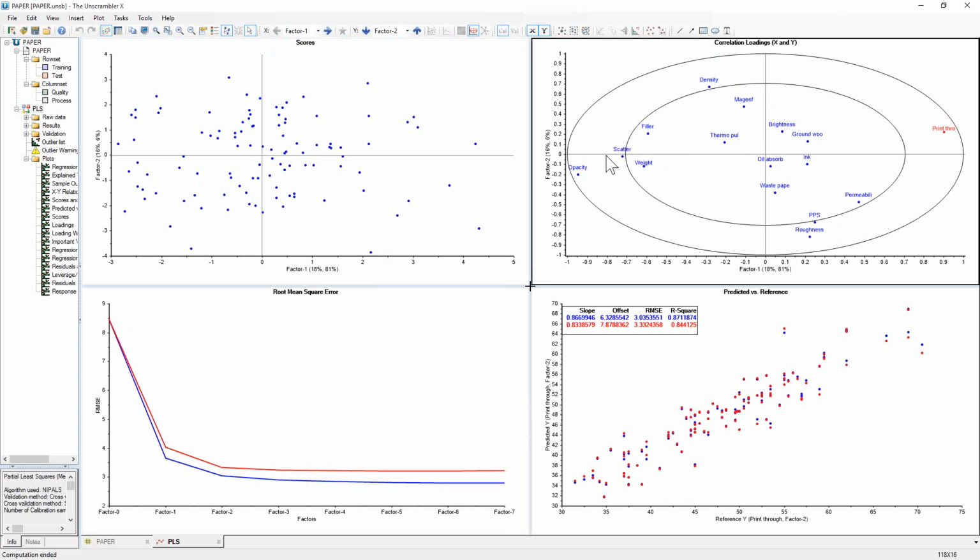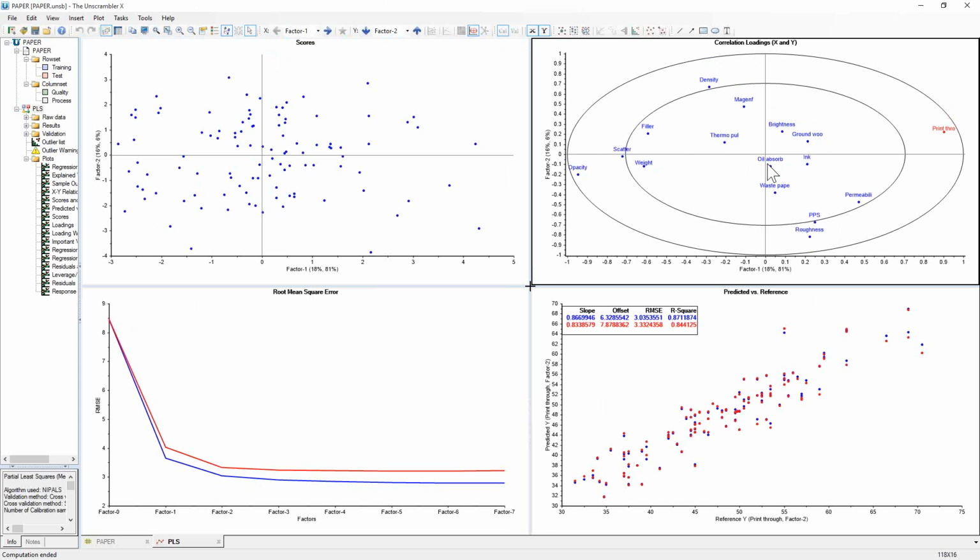It's going to be strongly captured by that factor. The variations in, say, opacity and scatter are strongly correlated with factor 1. Things like oil absorbance are not strongly correlated with either factor 1 or factor 2. So it's probably not that important to measure.